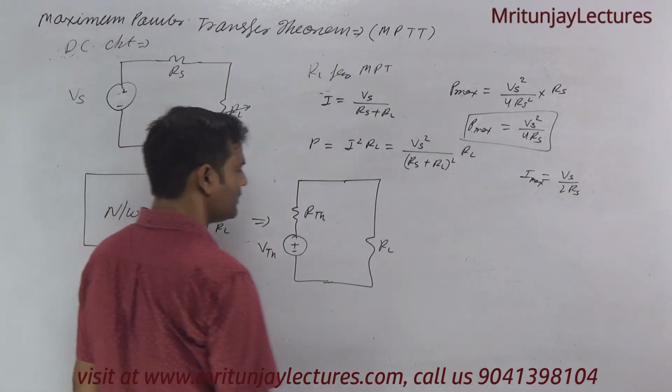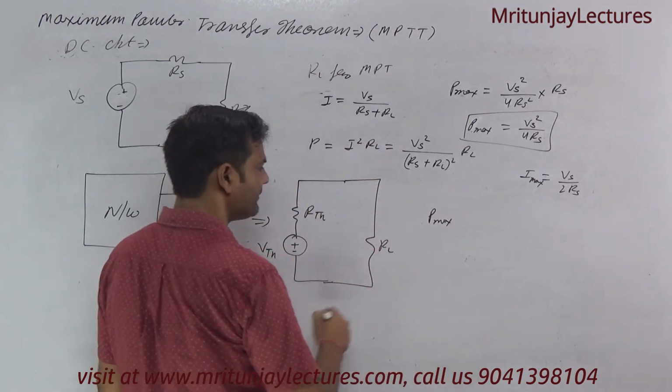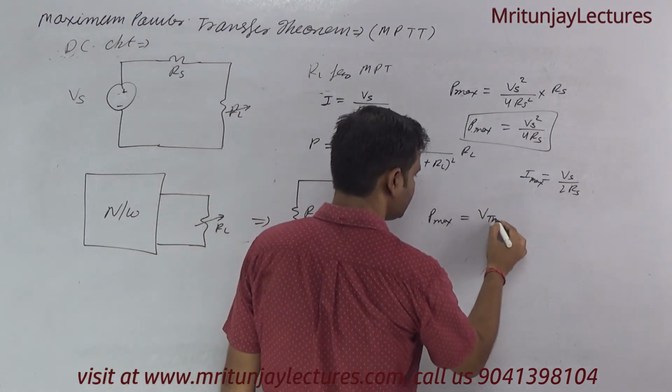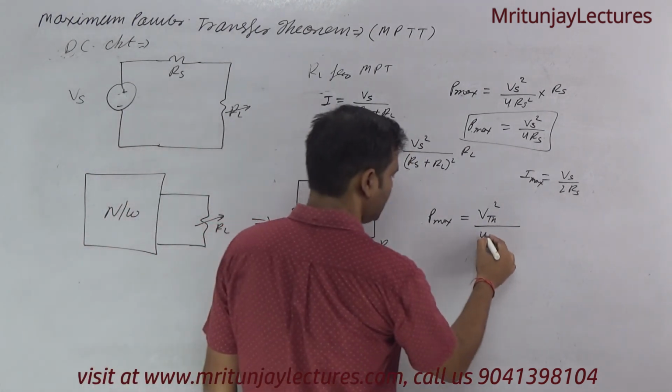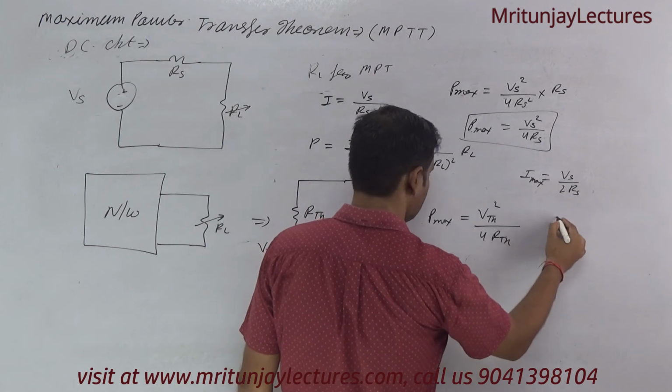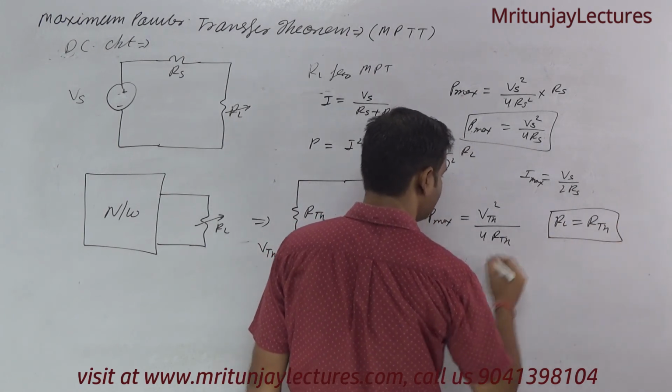Clear? So what about Pmax corresponding to that one? That is VTH squared divided by 4RTH, where RL equals RTH.